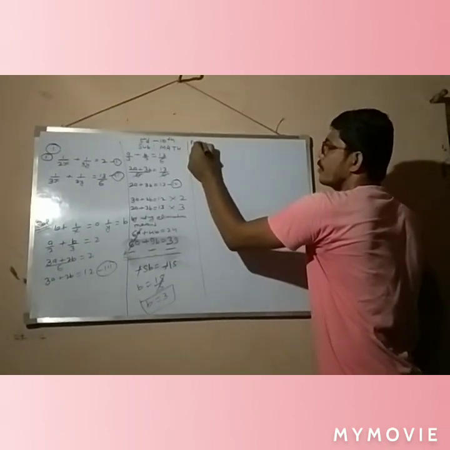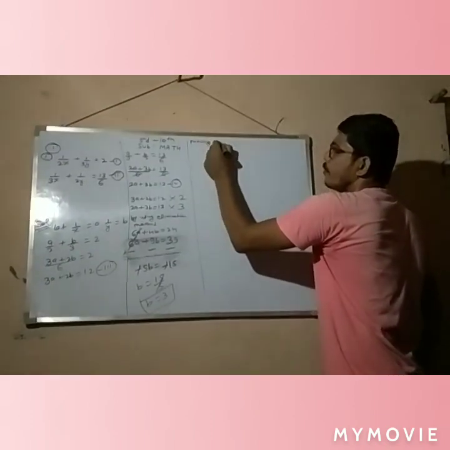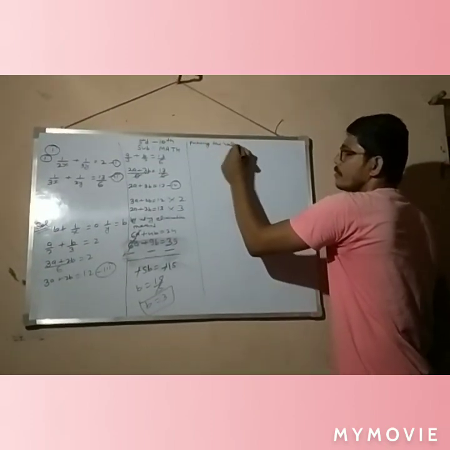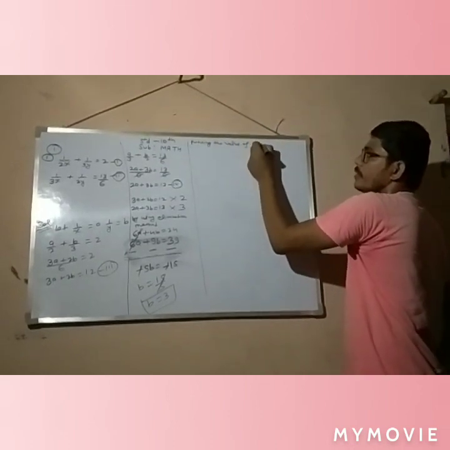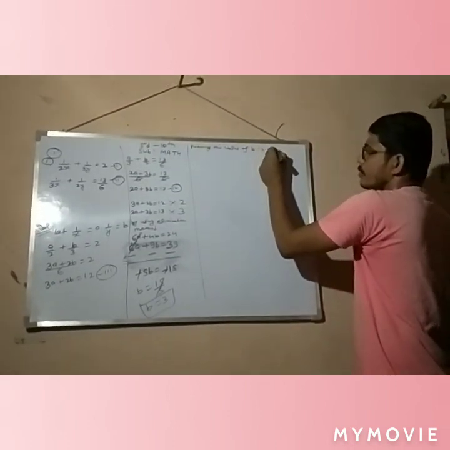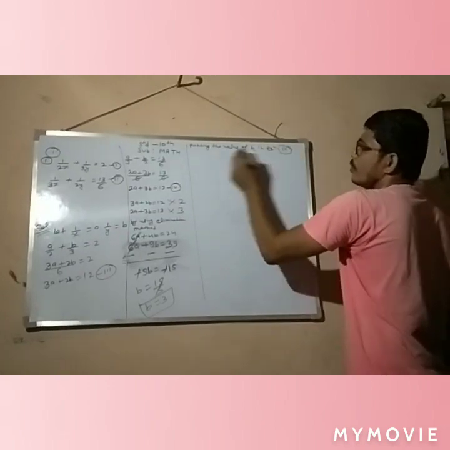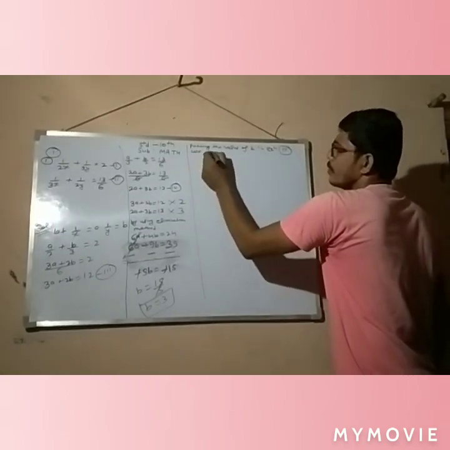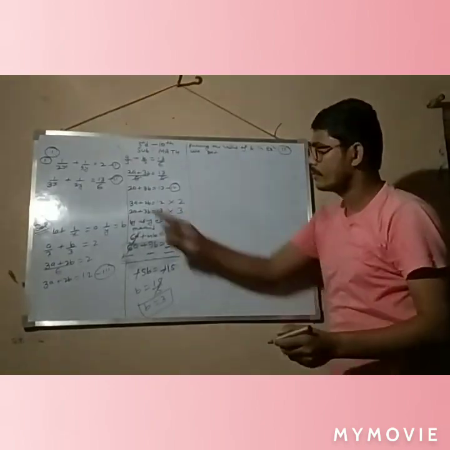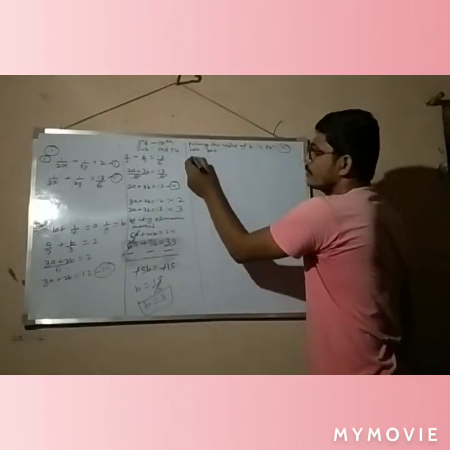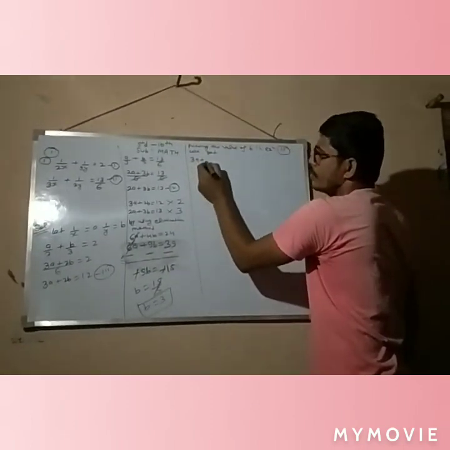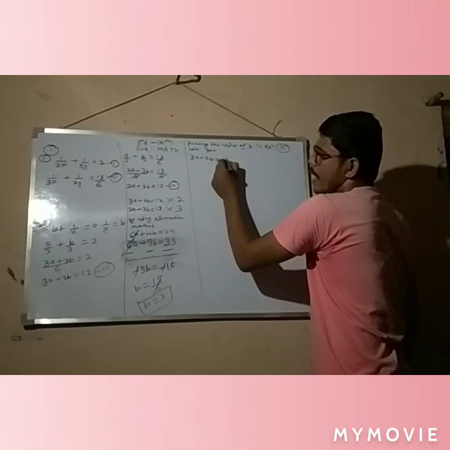Now putting the value of b in equation 3rd, we have 3a plus 2b is equal to 12.